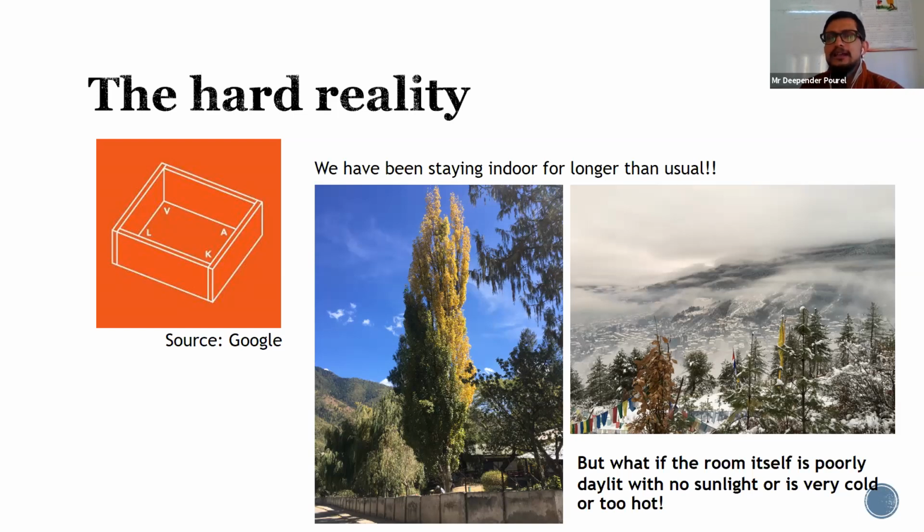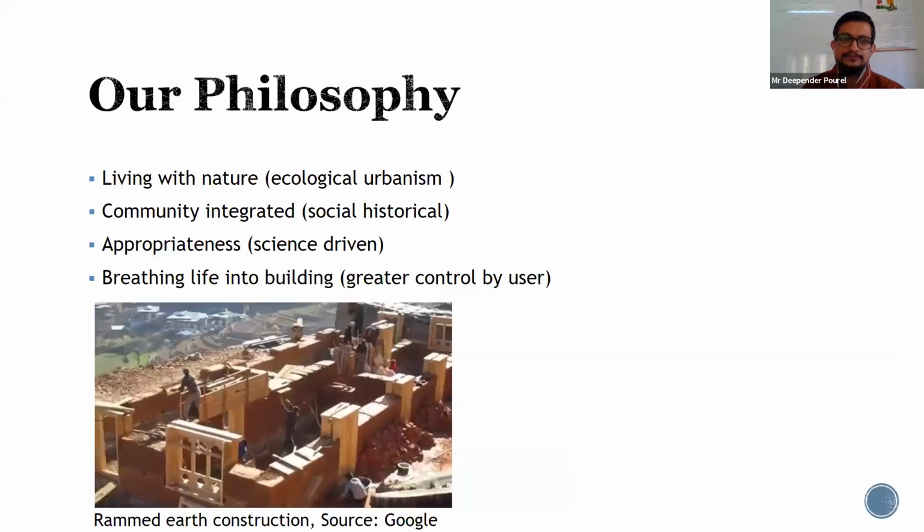But then, as a designer, our way of looking into ensuring happiness is to design and give spaces to people that are comfortable, well lit. Yes, it is energy efficient and sustainable, but not to compromise on the first two. And our philosophy has been to live with nature. That's ecological urbanism.